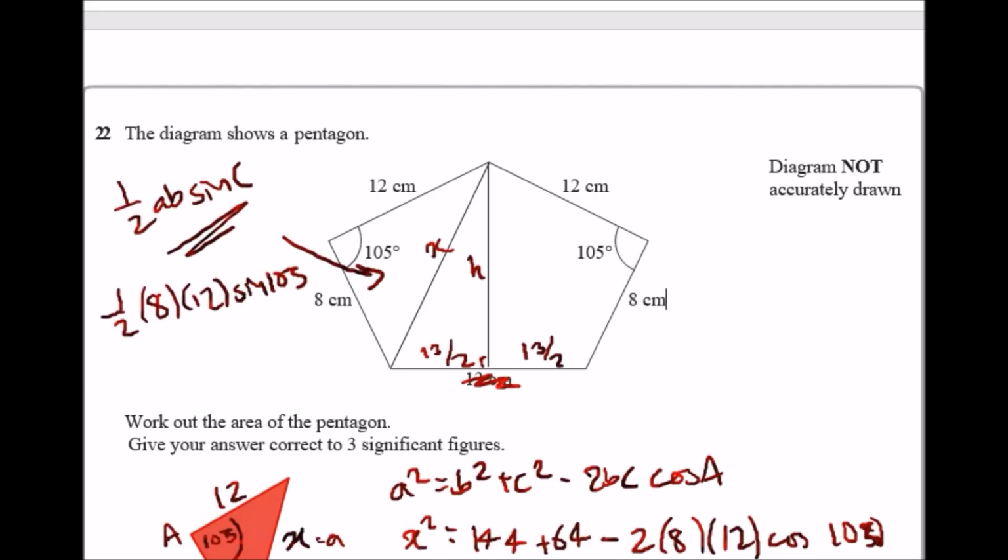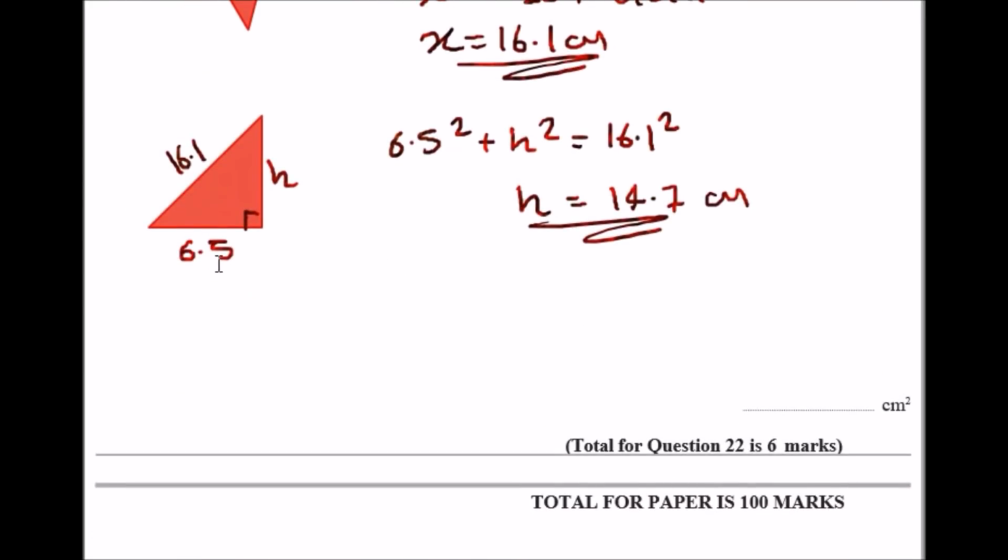Then the area of the second triangle is half times base times height, which is half times 6.5 times h, where h is 14.7.